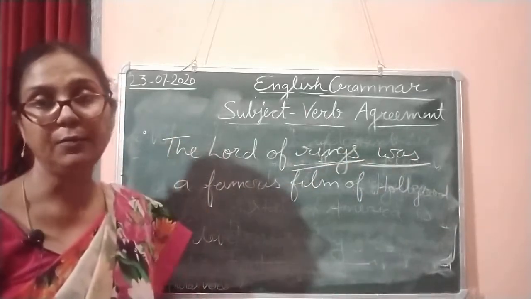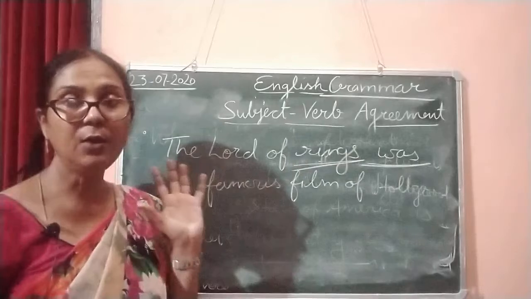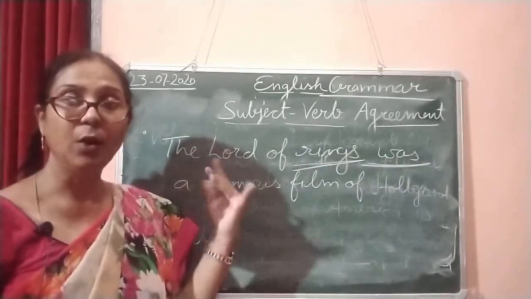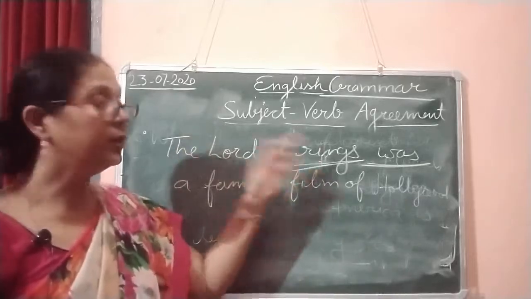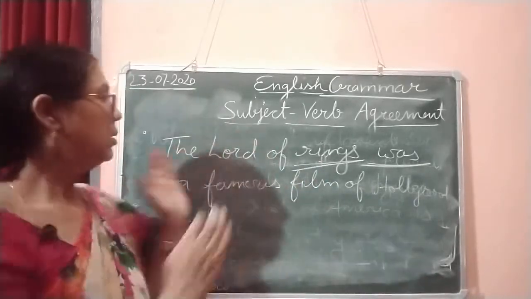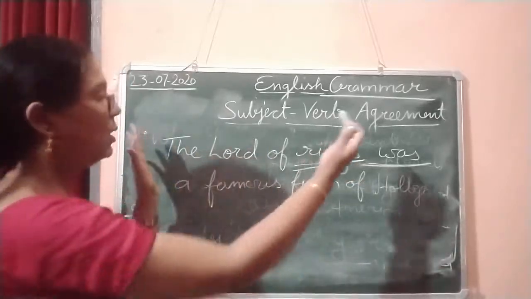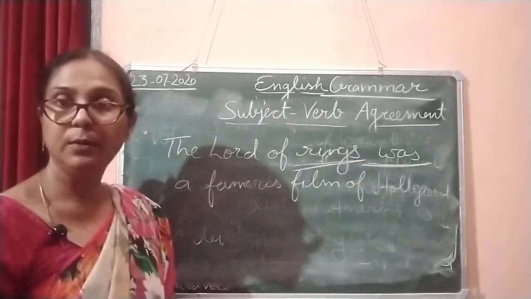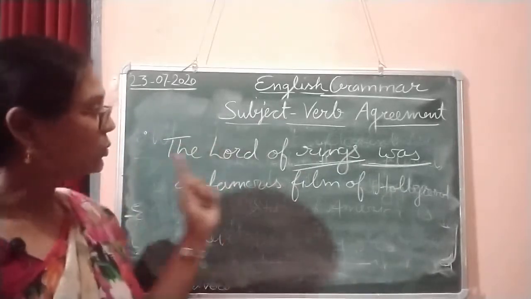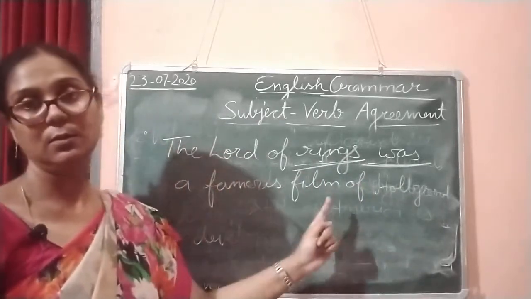And this you have to remember always. We are not writing the verbs according to the words. We just see the whole term, the whole word. So that is why it is very important to learn these rules.